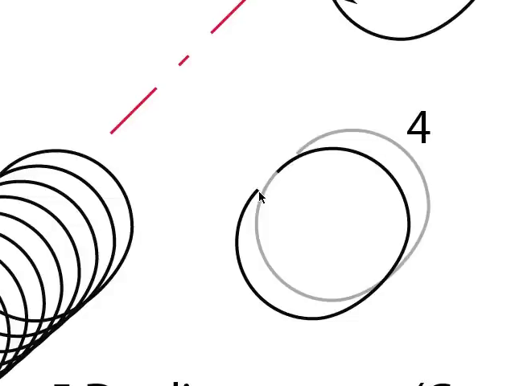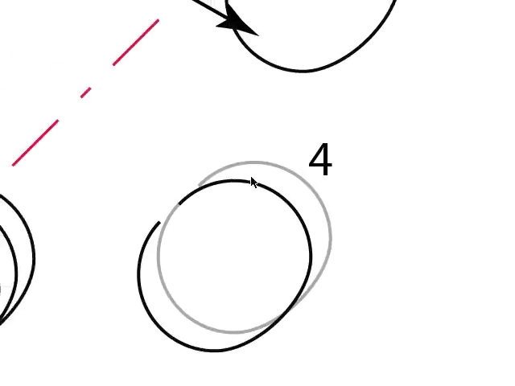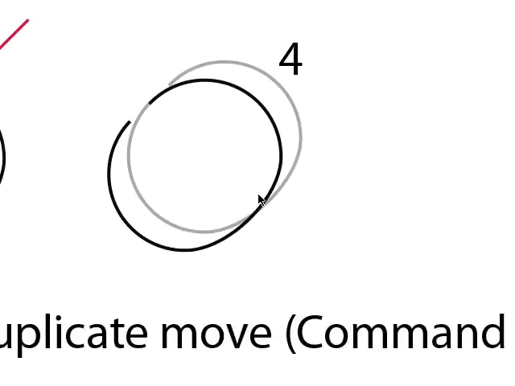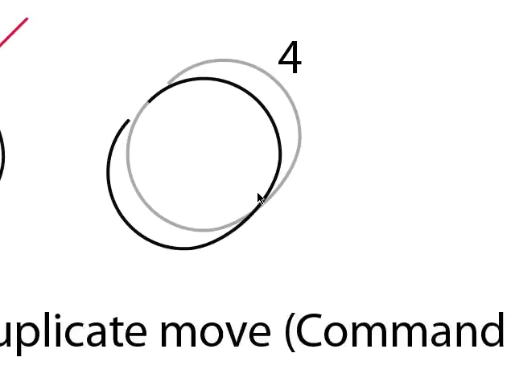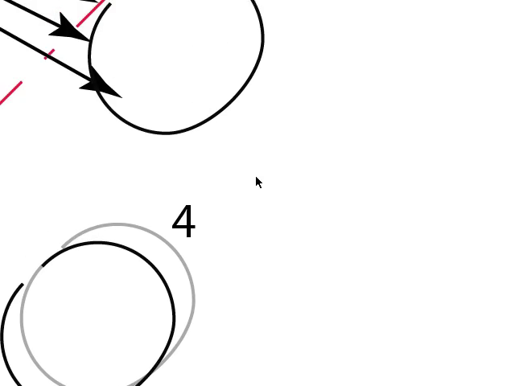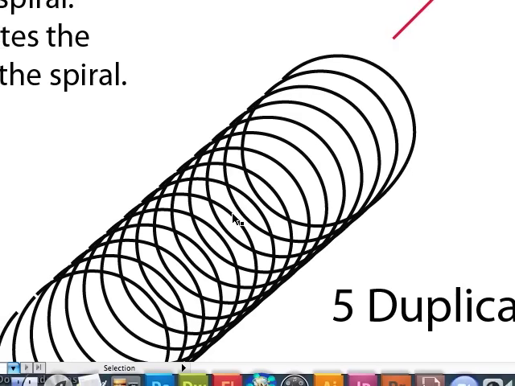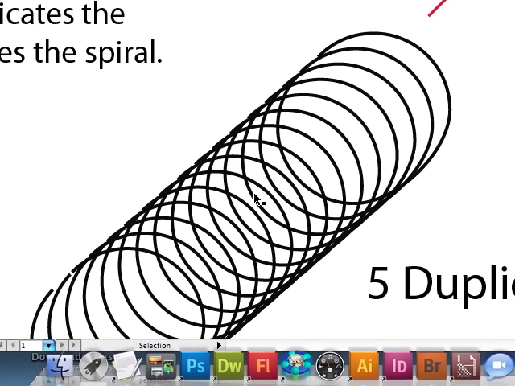And Command D again, and you'll continue to Command D until you have 32 rims. This is the first round, this is the second round, so you want 32 of them. That will make a 2-inch area of the bolt screw.